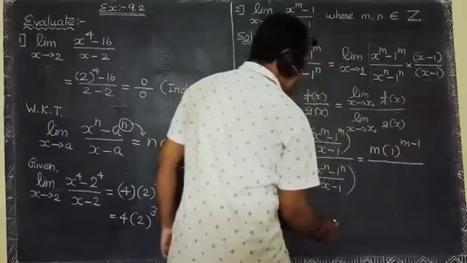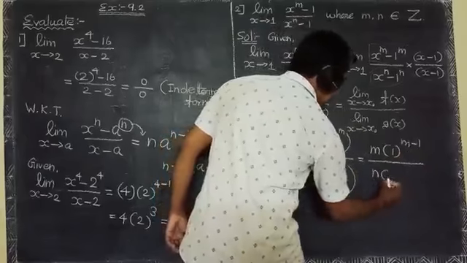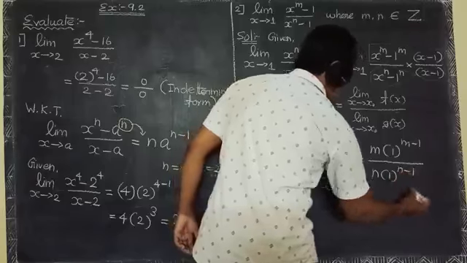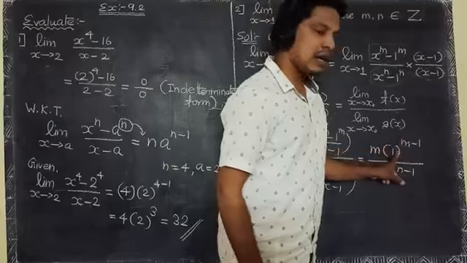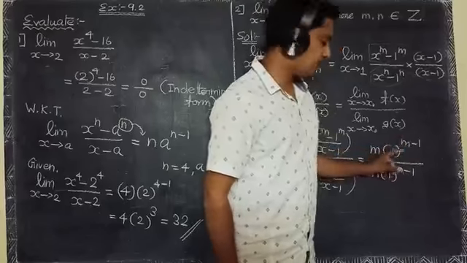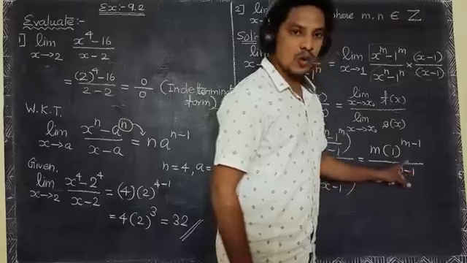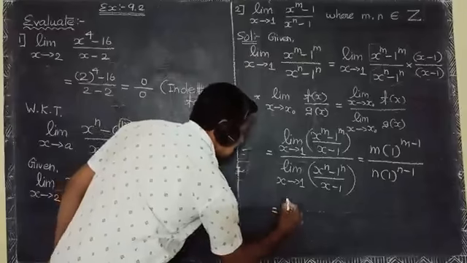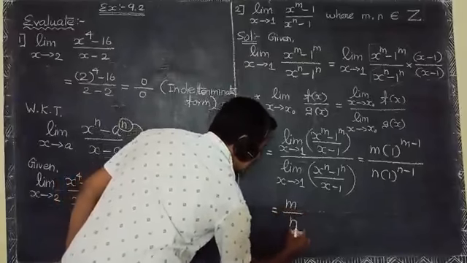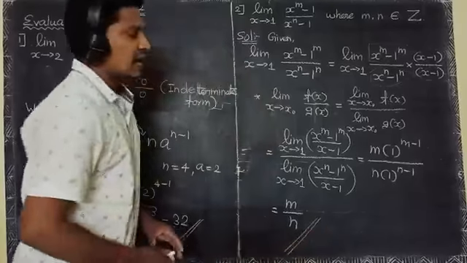Here 1 power anything is 1. m into 1 is m. 1 power anything is 1. n into 1 is n. Then the final result is m divided by n.